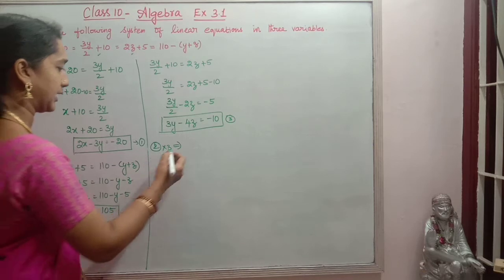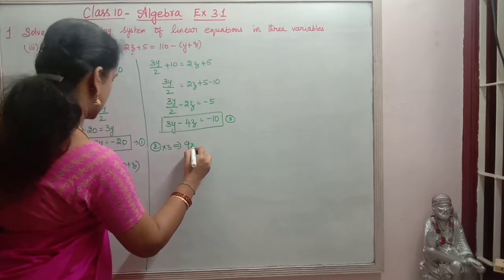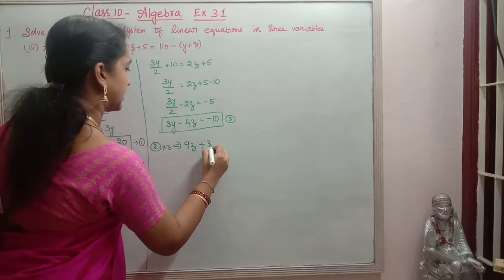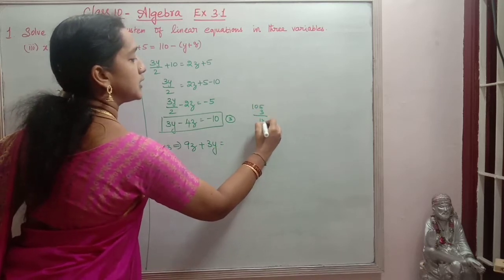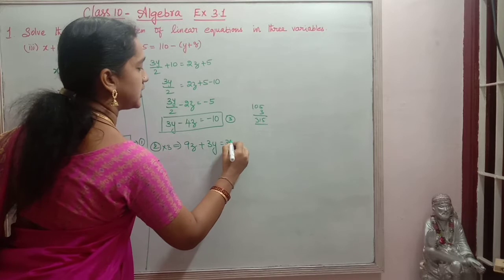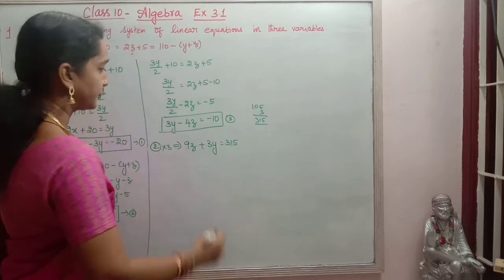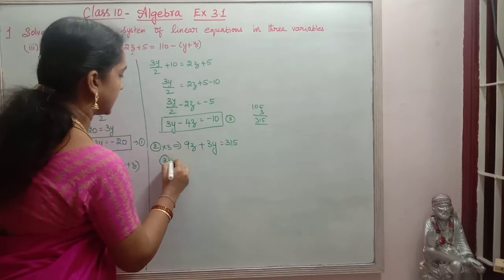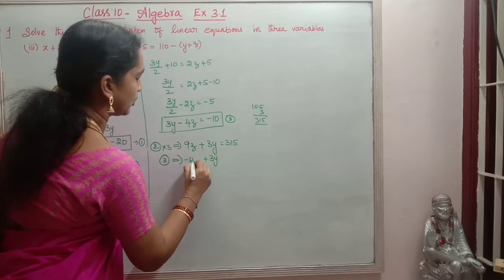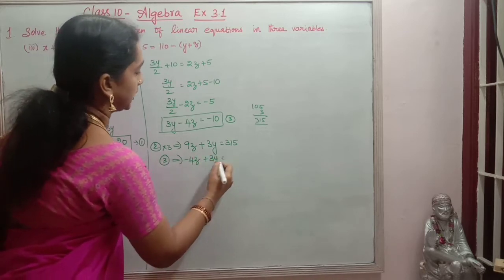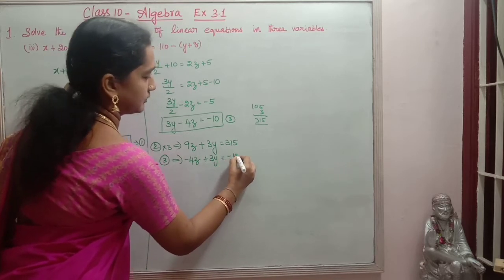So 3 3s are 9z plus 3y is equal to 105 into 3, that is 315. Then the third equation I will write as it is: 3y minus 4z is equal to minus 10.